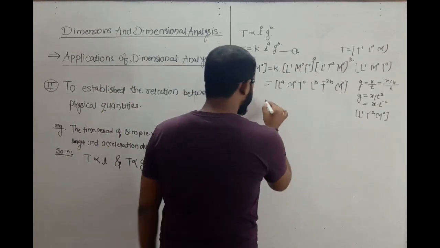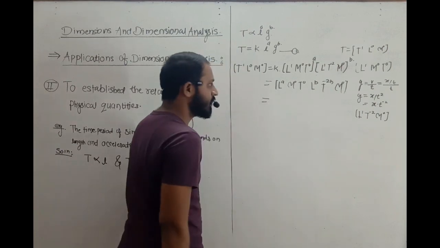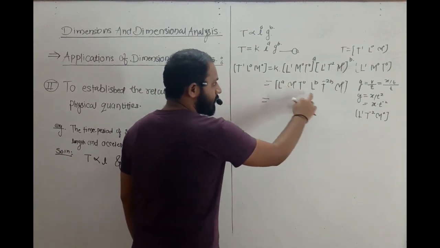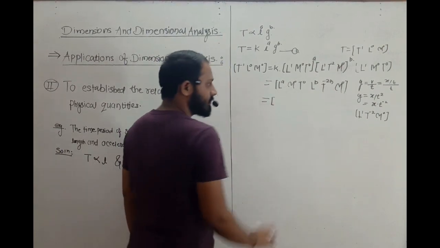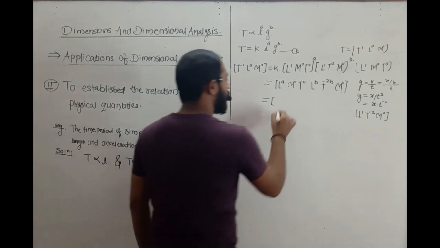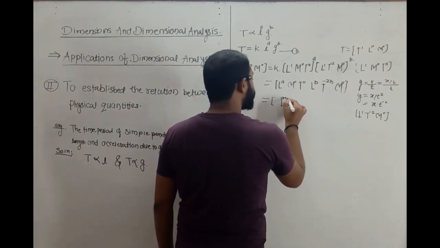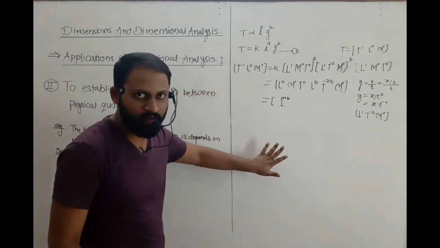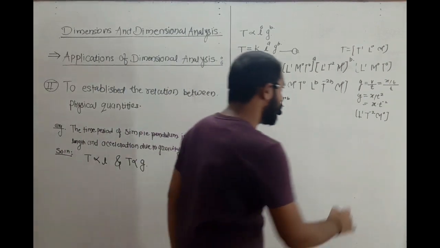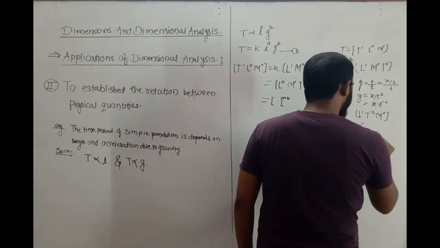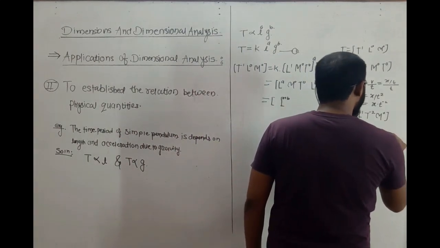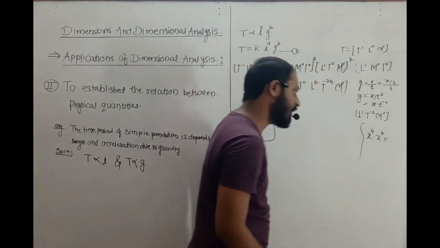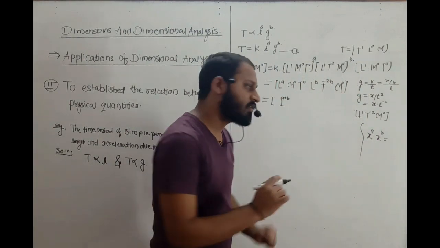Now see, applying the laws of indices, here is L power A and here is L power B. Is it okay? Understood? See, x power A and x power B, according to the laws of indices, the base is the same.